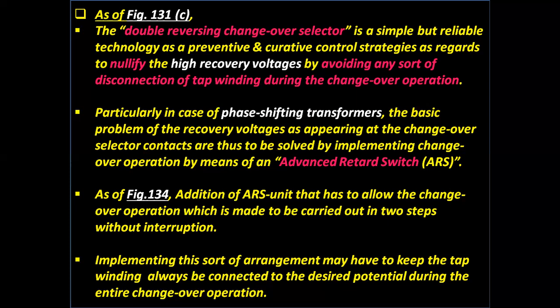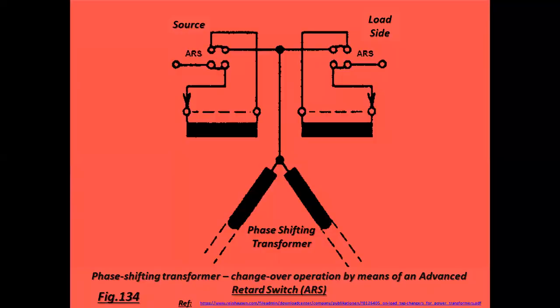Implementing this arrangement keeps the tap winding always connected to the desired potential during the entire changeover operation. See the diagram, phase shifting transformer, changeover operation by means of an advanced retard switch, ARS.